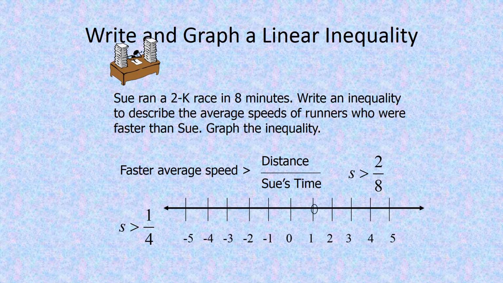We're going to put an open symbol a little past 0. Should be right about here. Sorry, this is a little off in this PowerPoint. But it would be an open circle because we're using the greater than symbol. And then we would shade to the right because it's greater than.